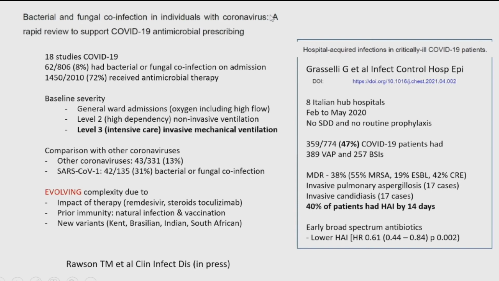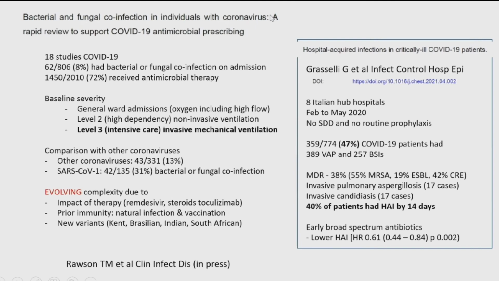Now, this is a study from Italy by Grasselli et al. In this, they included 8 hospitals from February to May 2020. They did not use any selective digestive decontamination or any routine prophylaxis, and they found the incidence of ventilator associated pneumonias and nosocomial CRBSIs was 47%, and the incidence of multi-drug resistance was almost 40%.